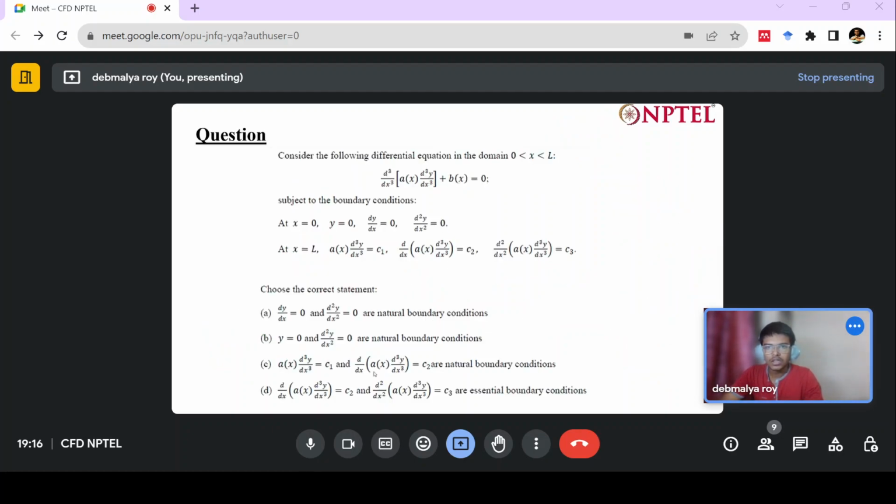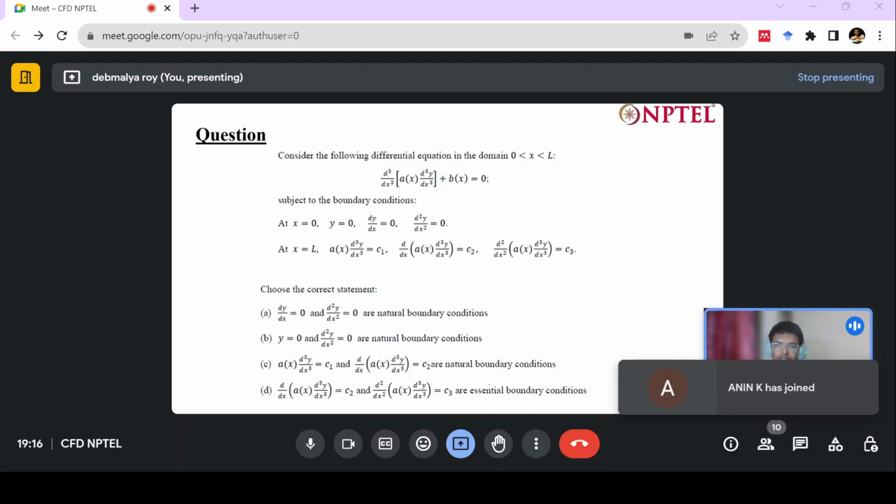Okay. So let's do a question based on this, and then we will move to the next topic. So an equation is given, and you have to select which are the natural boundary conditions and which are the essential boundary conditions.